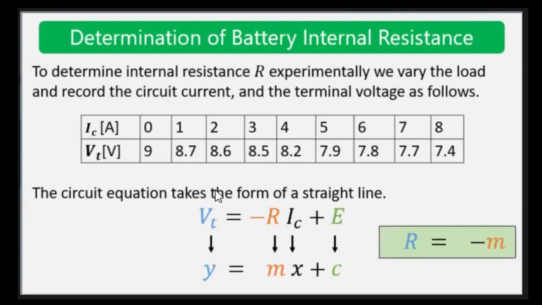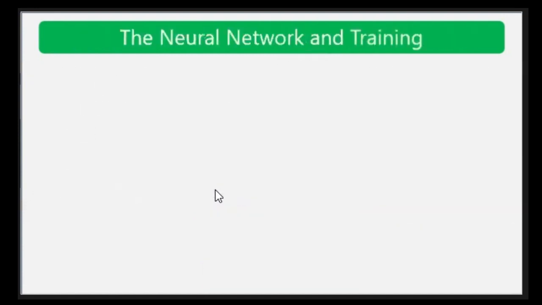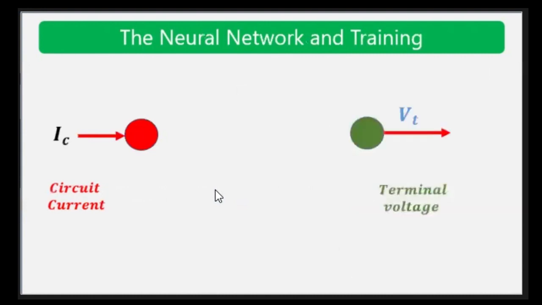So now we will design it. Here is where we are going to give the input current, and we need an output layer as well for the neural network.